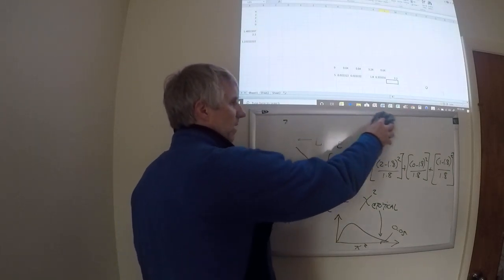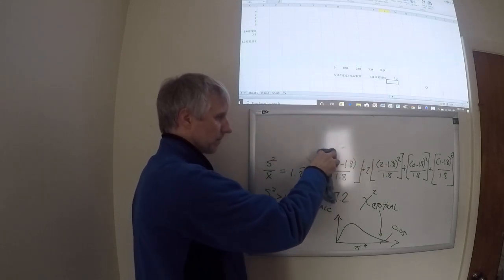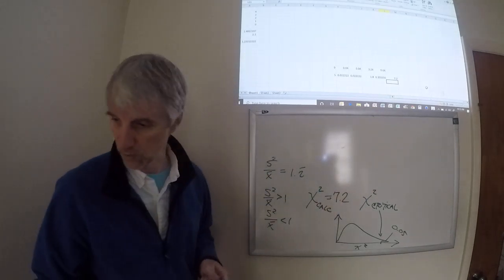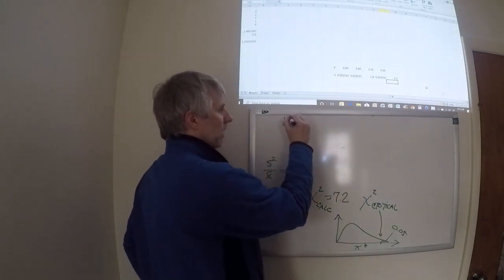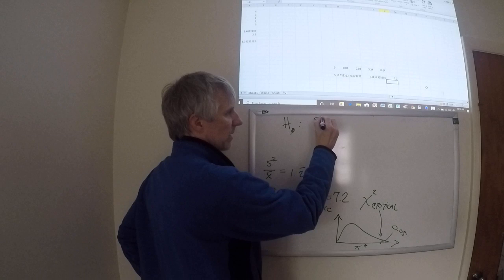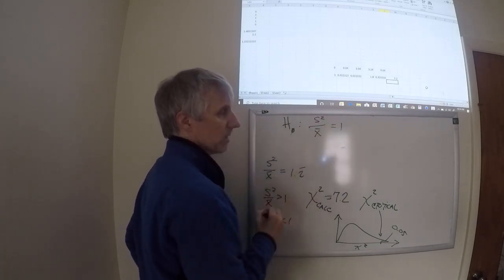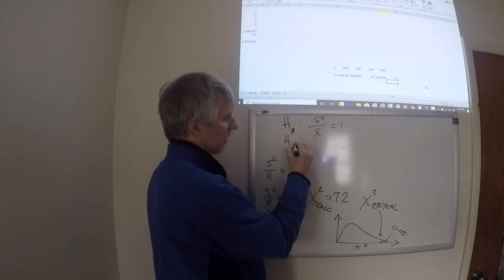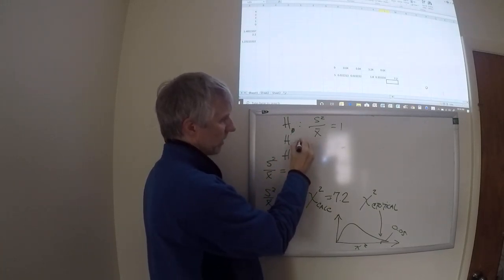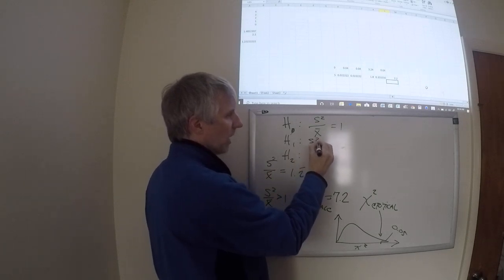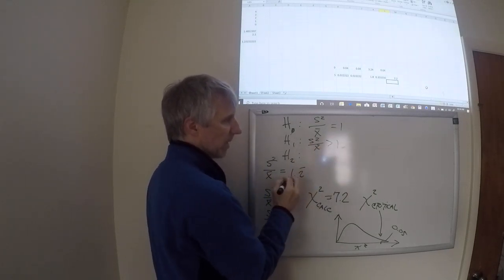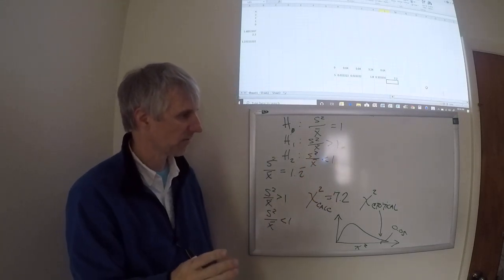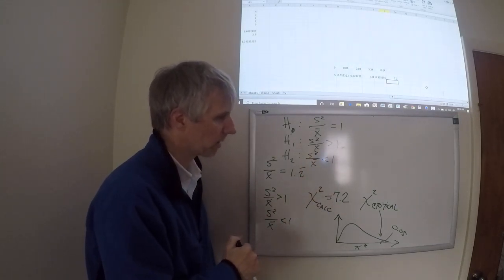From a statistical standpoint, the overall hypothesis that we're testing is the null hypothesis that the variance to mean ratio is equal to 1. And then we have two alternatives. Alternative 1 is that the variance to mean ratio is greater than 1, and alternative 2 is that the variance to mean ratio is less than 1.